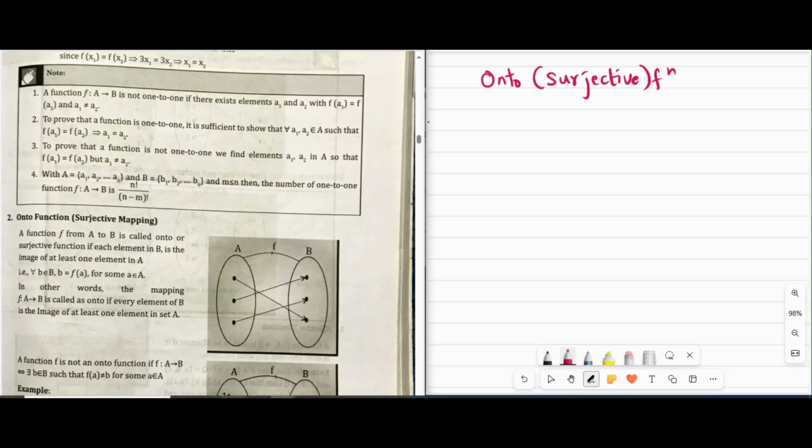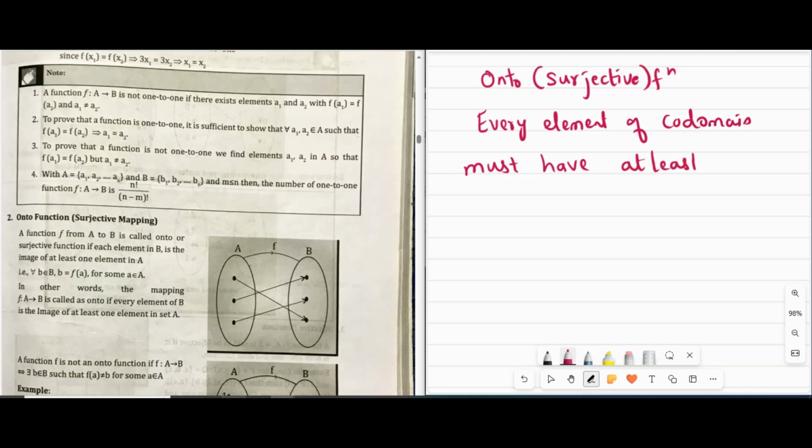Onto means every element of codomain must have at least one pre-image in domain. At least one means it can have 1, 2, 3 or n number.